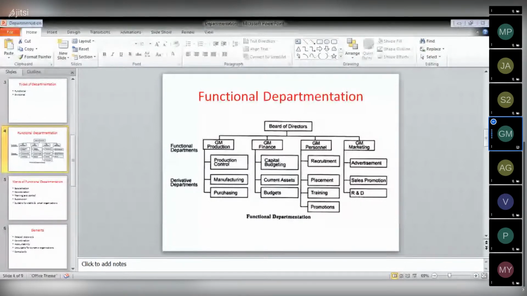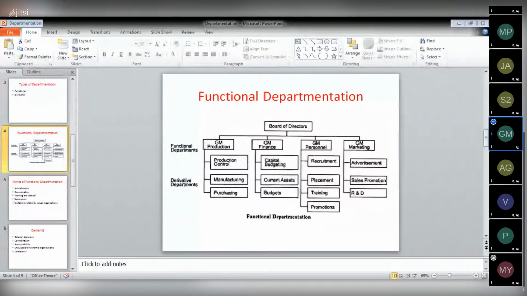Their responsibility, their job, and their role will be in the nature of a similar activity, and those activities are a continuous process for them. That is all about the functional departmentation.